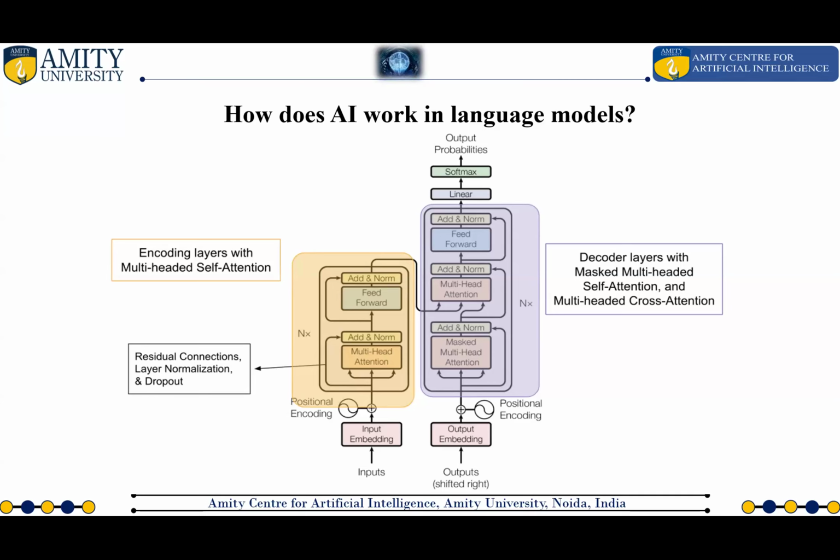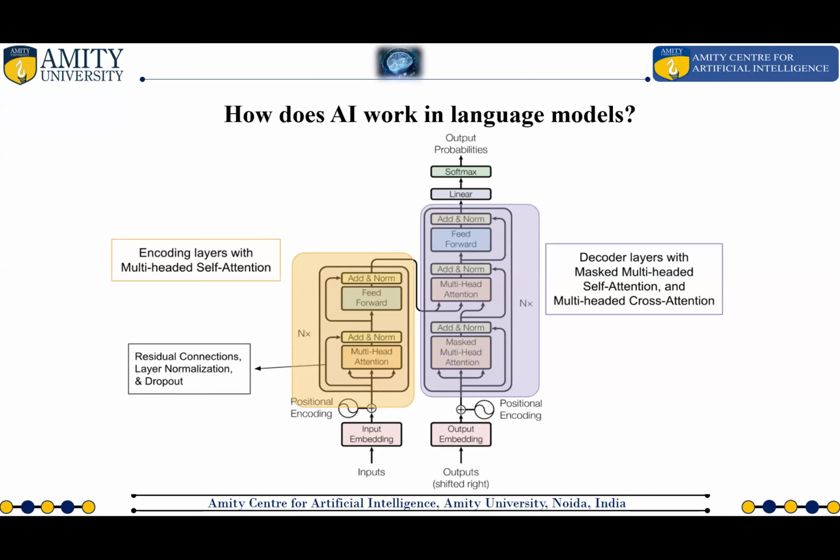The orange one marked is the encoder part, which is composed of multi-head self-attention network, feed-forward network, normalization and residual connections, which help the model train faster and avoid problems like forgetting information, which occurred in previous deep learning neural networks, for example recurrent neural networks or long short-term memory networks.